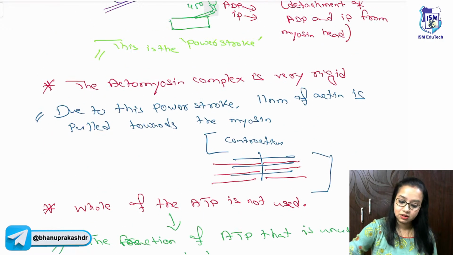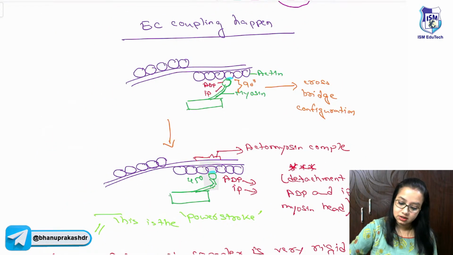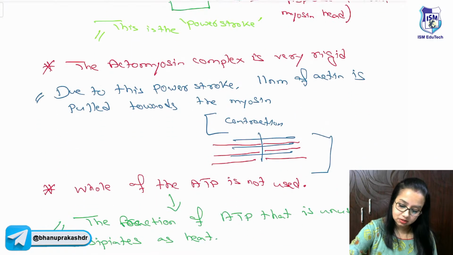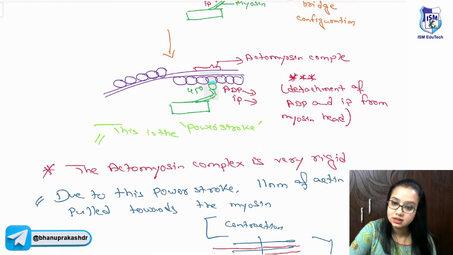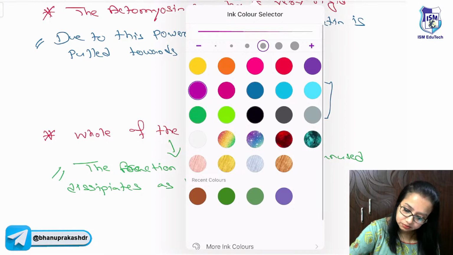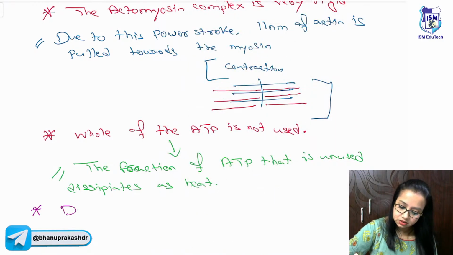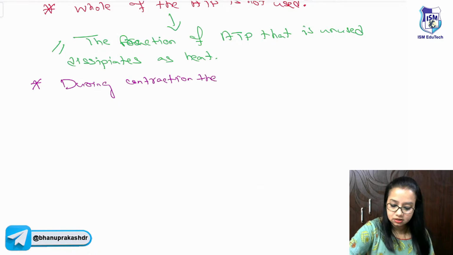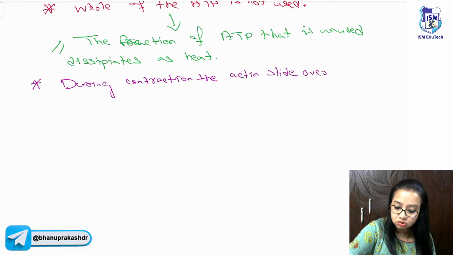Okay, so this is our EC coupling. Now there is this terminology. I'm coming to the relaxation part, but see the way this myosin and actin are lying, right? Here, during contraction, the actin slides over the myosin, right?